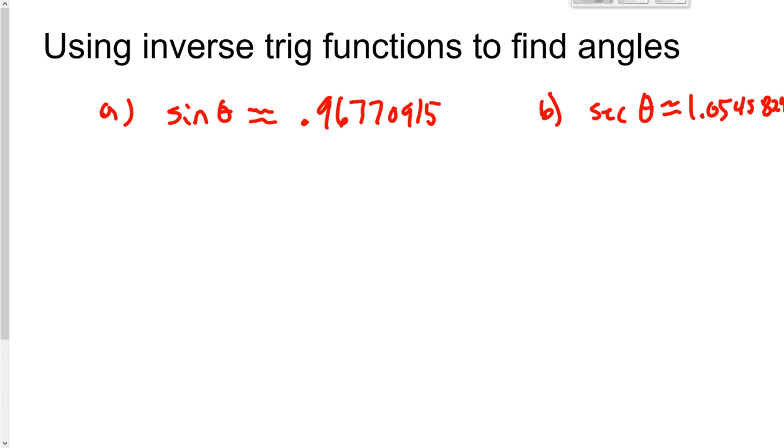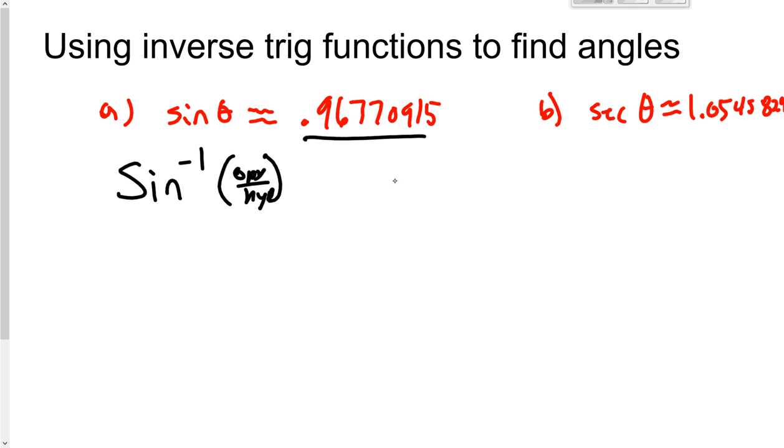That means inverse, right? So we have our trig functions, sine inverse of our x, or basically of the fraction. Of sine would be opposite over hypotenuse.